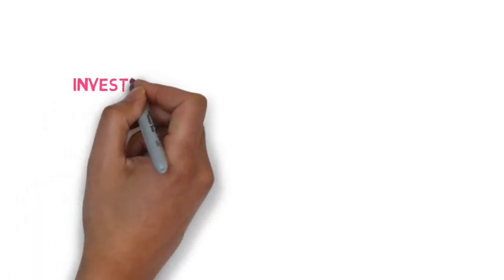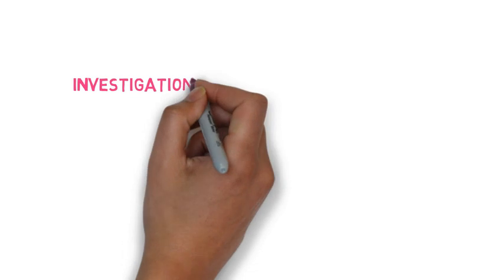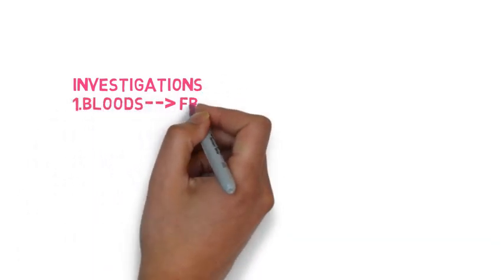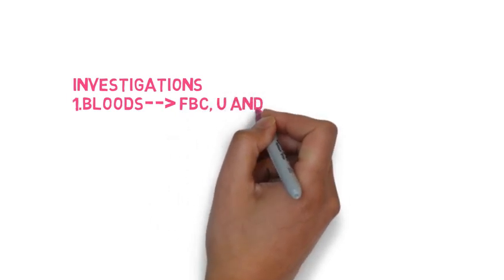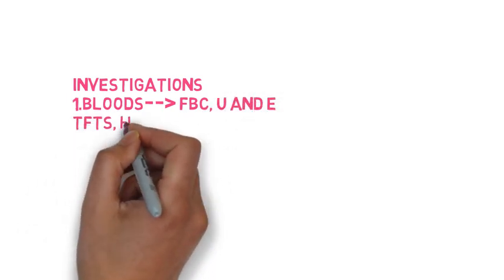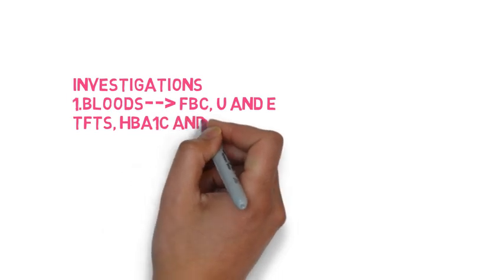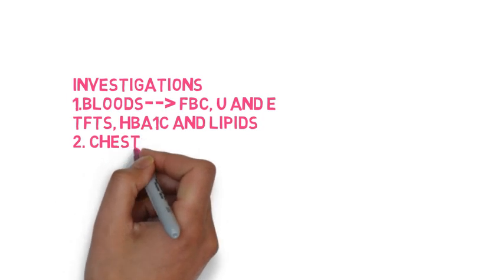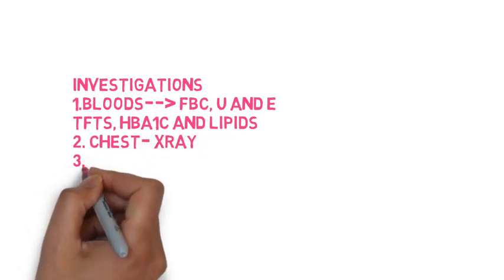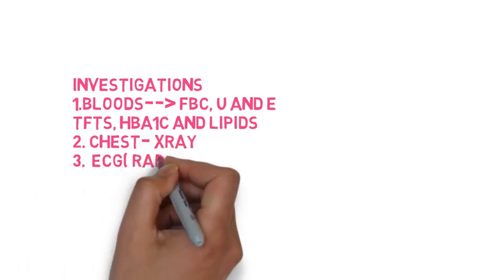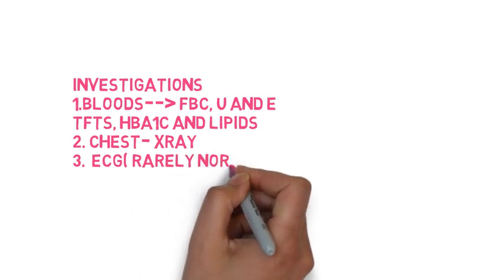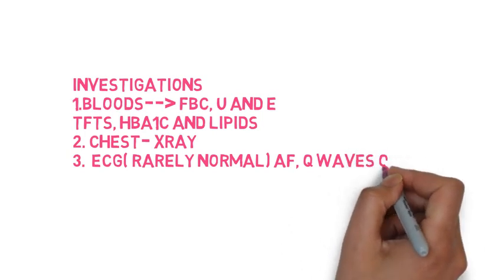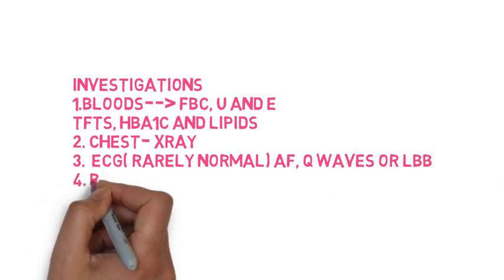And what investigations might you do in someone with heart failure? Well, like any condition that you are suspecting, you should start off with blood tests. These include full blood count, U&Es, TFTs, HbA1c, and lipids. A chest x-ray is also an important investigation, but heart failure cannot be diagnosed on a chest x-ray alone.